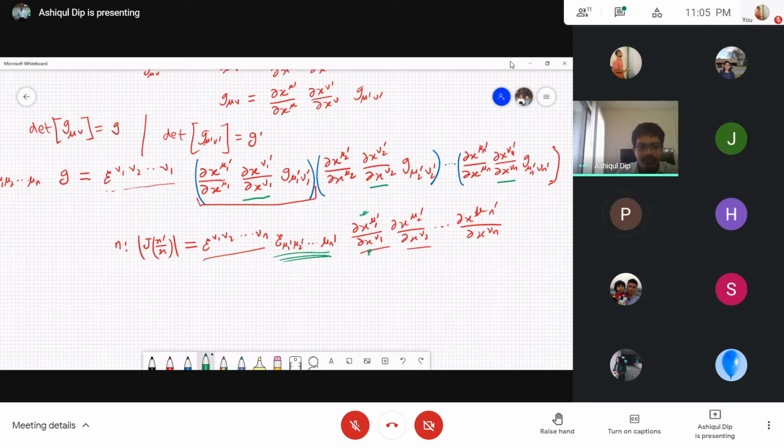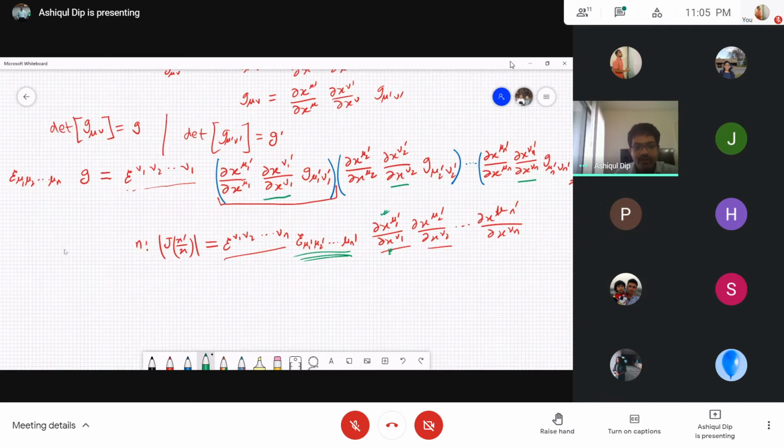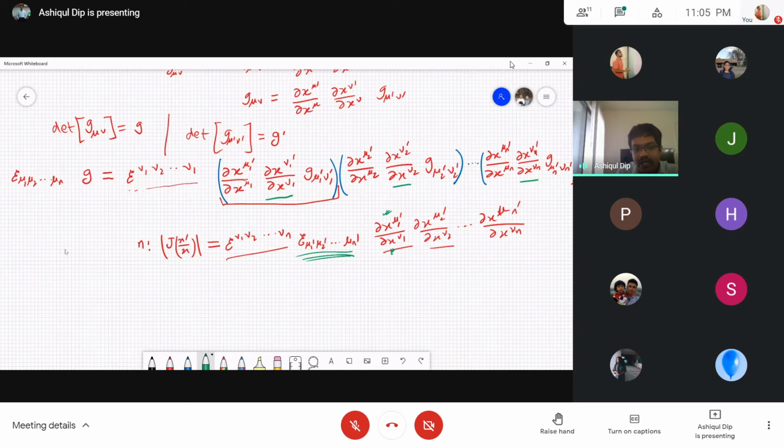So what you do is first multiply both sides by E with mu1 upper indices. So here we write the right hand side: E upper mu1 mu2 up to mu n, E lower mu1 mu2 up to mu n times G, and these are both summed.